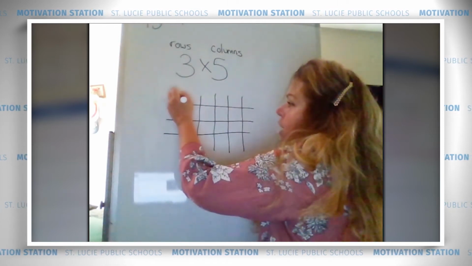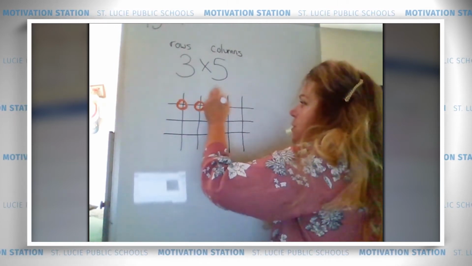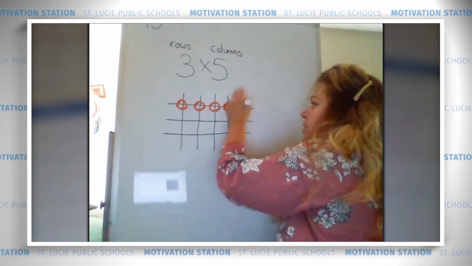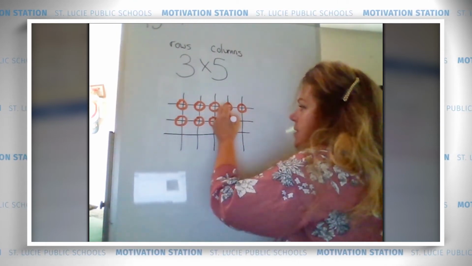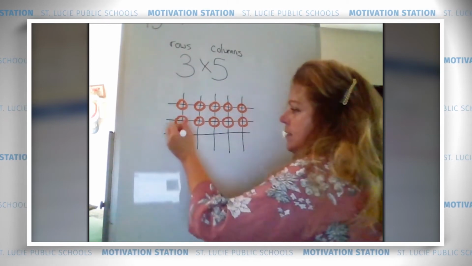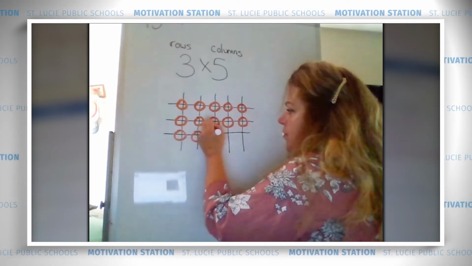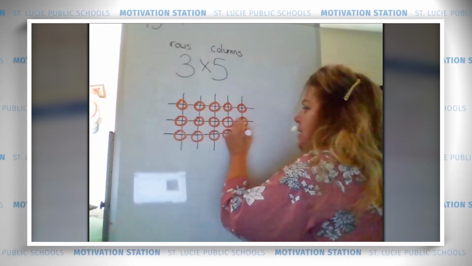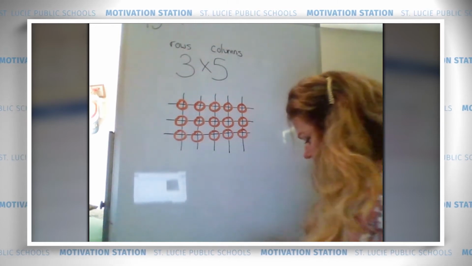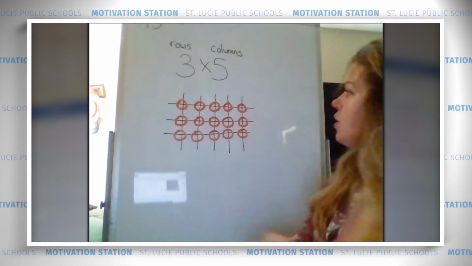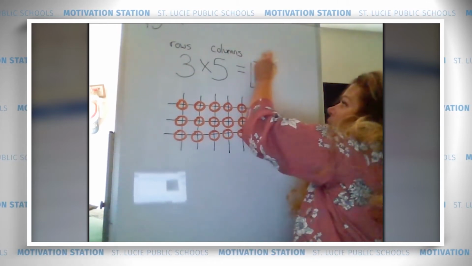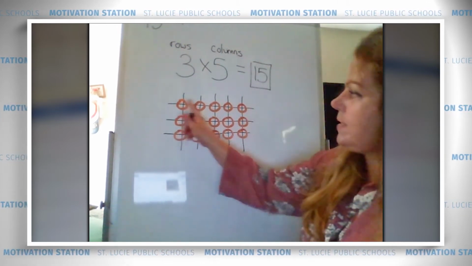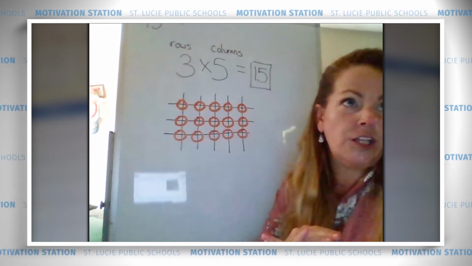So I'm going to see where they cross. 1, 2, 3, 4, 5, 6, 7, 8, 9, 10, 11, 12, 13, 14, 15. And wouldn't you know, I started our day with that one. All right, so our product would be 15. That's how many times the lines cross each other.